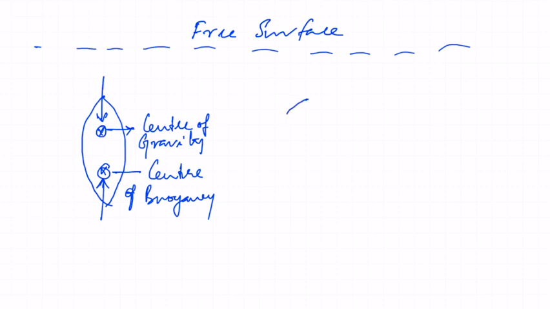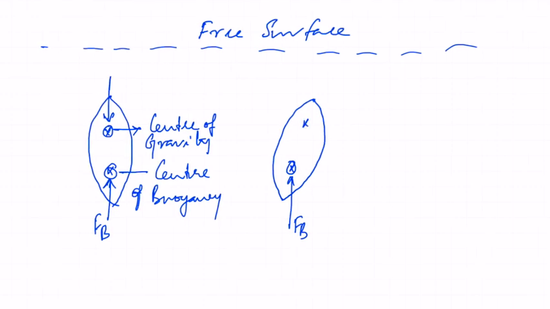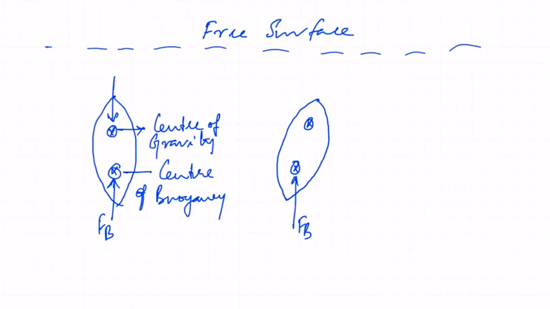Now if the body tilts clockwise, as you can see in this figure, the moment created as a result of this tilt will continue to force the body to tilt in the same direction. So as you can see, there is a distance created between the line of action of these forces, the force of buoyancy and the weight, and that couple or that moment will force the body to continue to tilt in the clockwise direction.